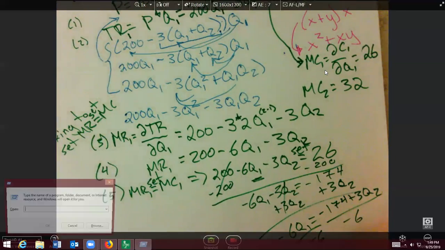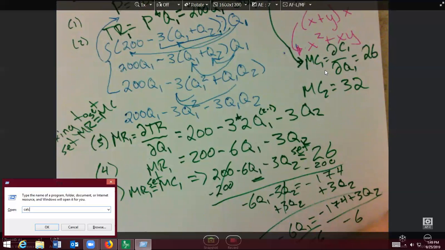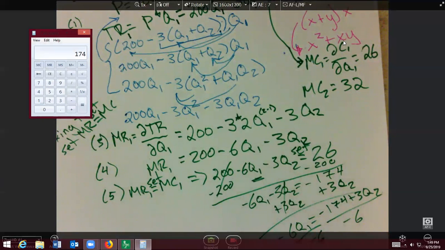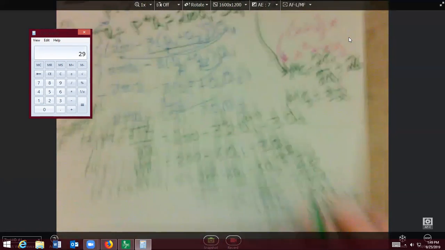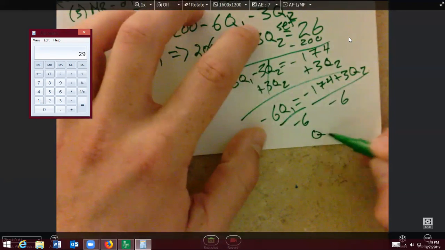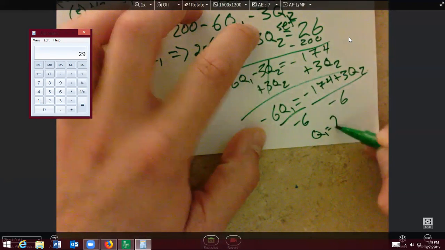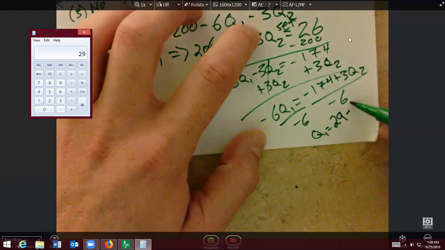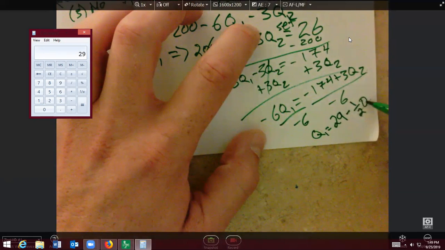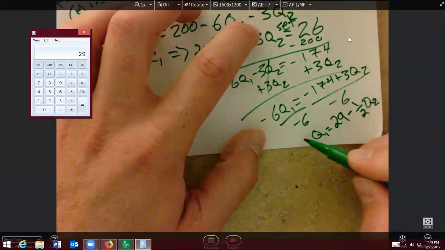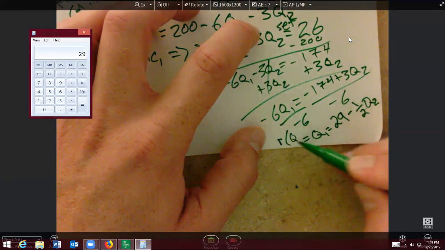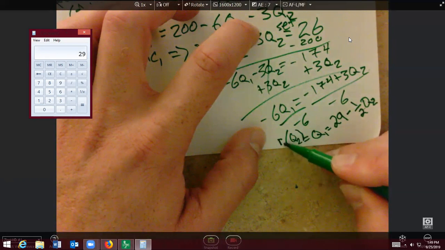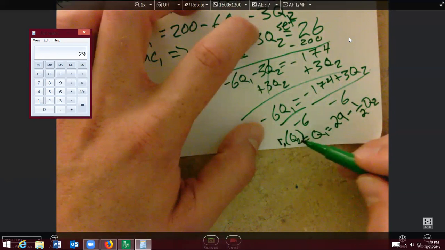That ends up equaling 29 minus 1/2 Q2. And so this, we would say, is our reaction function for firm 1 in terms of Q2.